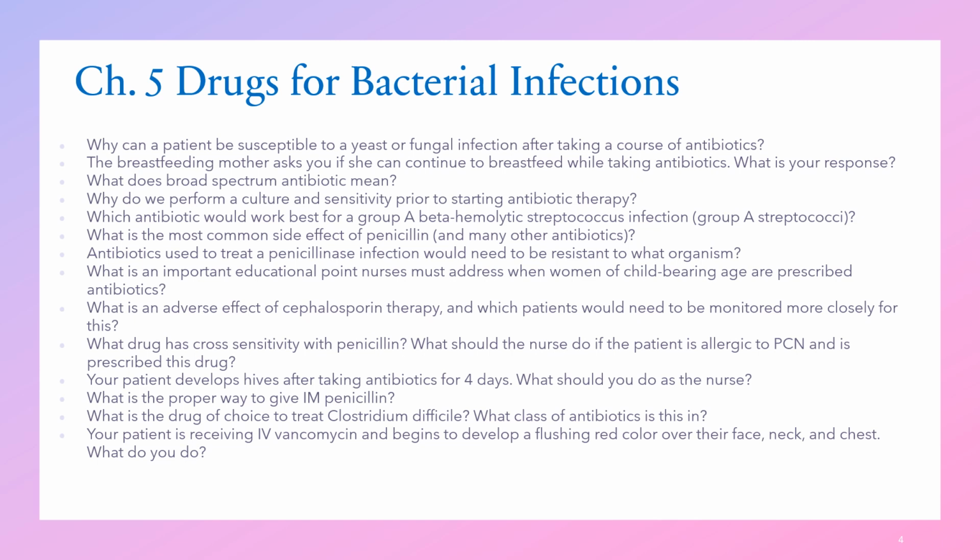This reaction is a response to the histamine release. Slowing the infusion rate and pre-treating the patient with antihistamines and an H2 receptor blocker can offer protection against red man syndrome. Do not stop Vanco for red man. Instead, call the provider and slow it down. It is an uncomfortable but expected side effect.